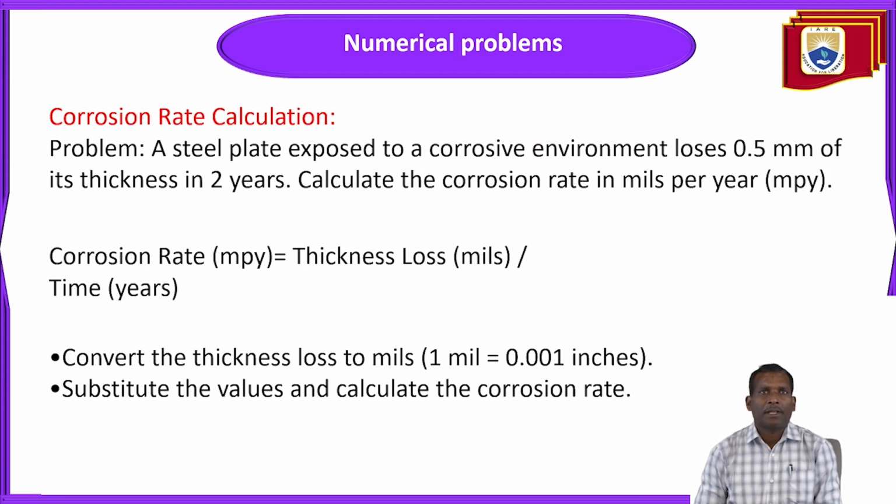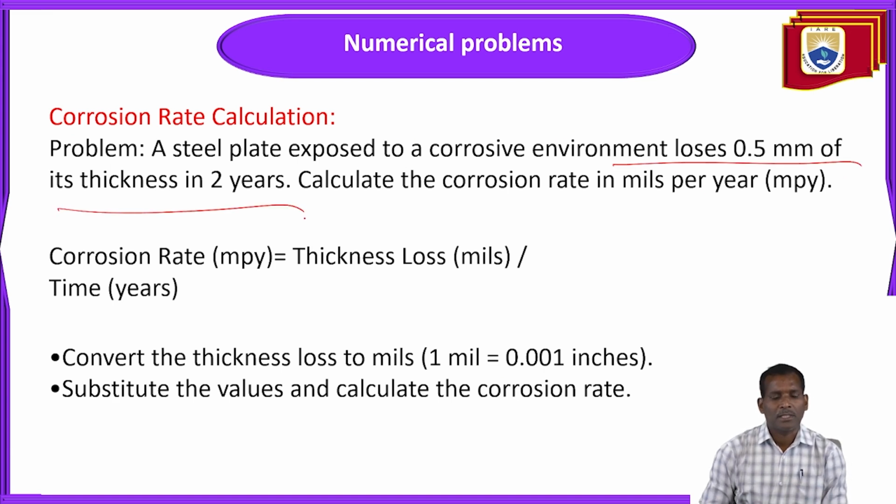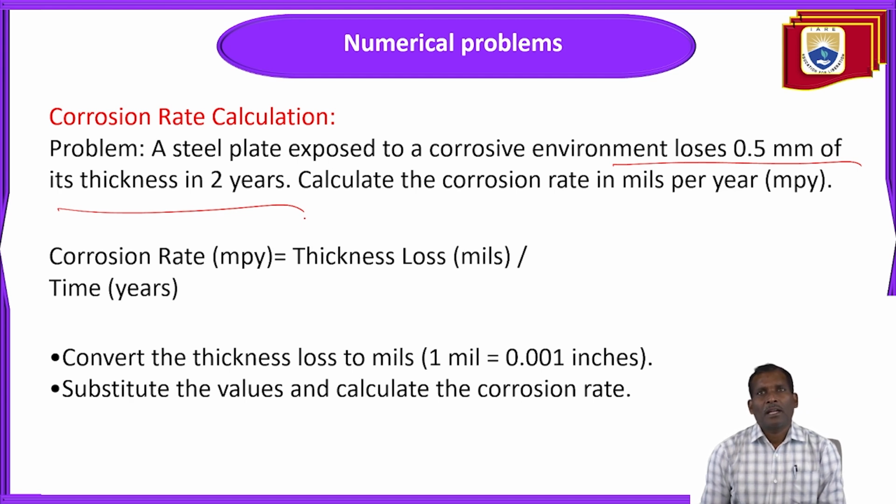So next, corrosion rate calculation. A steel plate exposed to a corrosion environment loses 0.5 mm of its thickness in 2 years. Calculate the corrosion rate in mils per year. The corrosion rate MPY is thickness loss upon time in years.